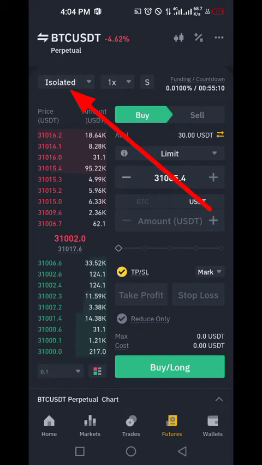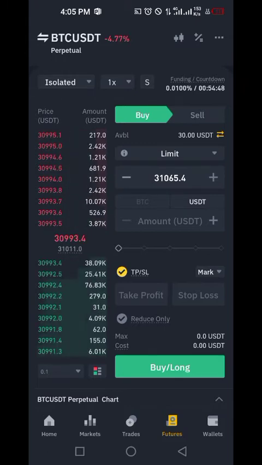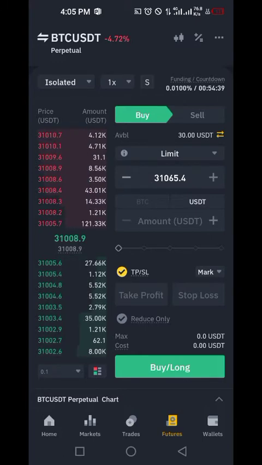Then rule number 2 that I want to give you is to ensure that you trade with only between 1 to 5% of your total trading capital on each trade you place. For instance, this is $30 now. 10% is $3, 5% is $1.5, and 1% is lesser than that.